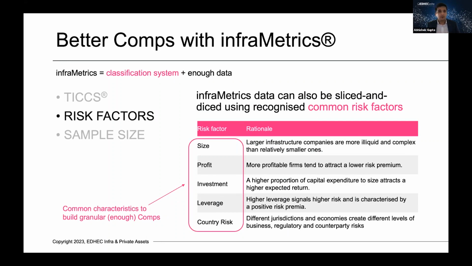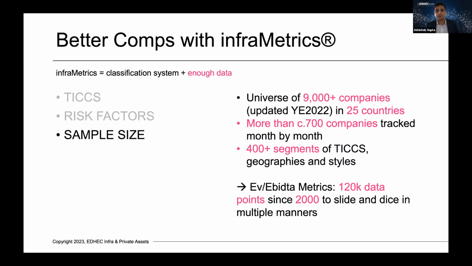And the key thing about infraMetrics is the sample itself. You need a broad sample to be able to find even the broad set or the granular set of companies that you are interested in. And infraMetrics has a universe of 9,000 plus companies in 25 countries, out of which we value 700 companies every month. So it's a very rich valuation data set that we use. And then we provide 400 plus segments.